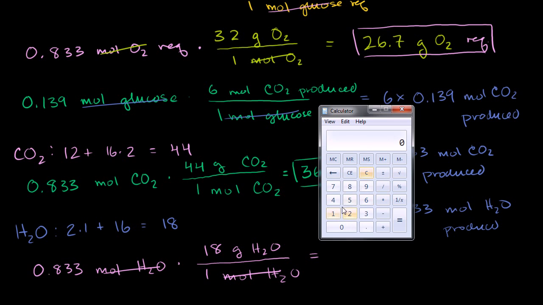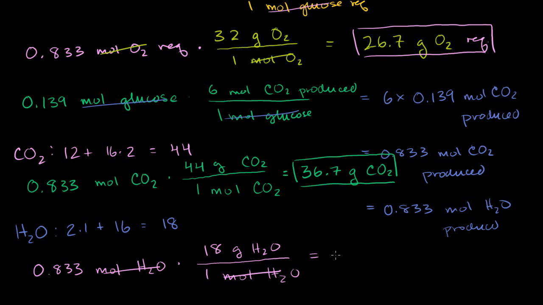And we get the calculator out. 18 times 0.833 is equal to 14.994. So we can just round that to 15.0. So we have 15.0 grams of water produced.